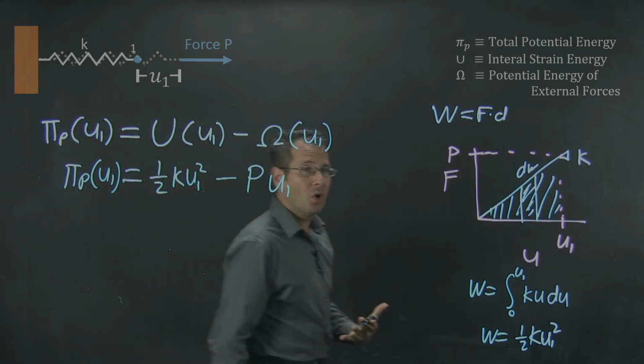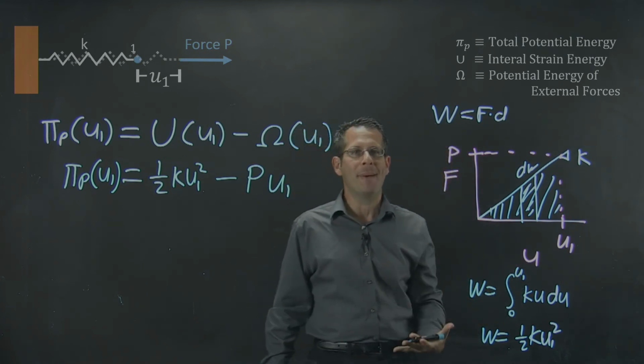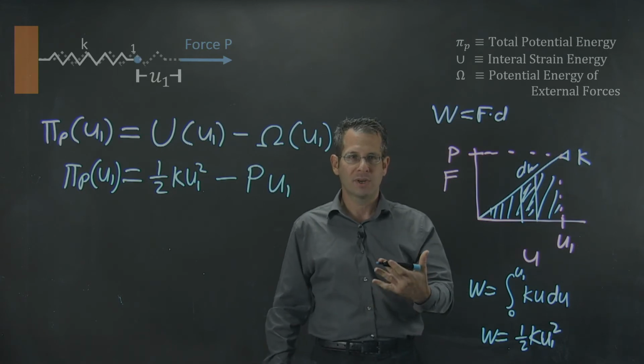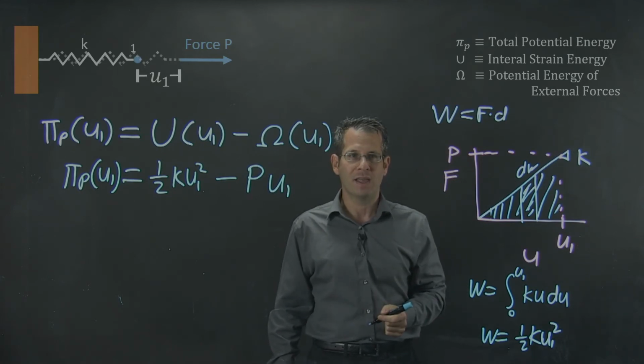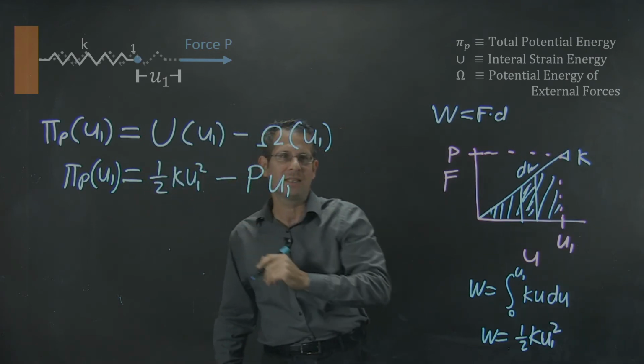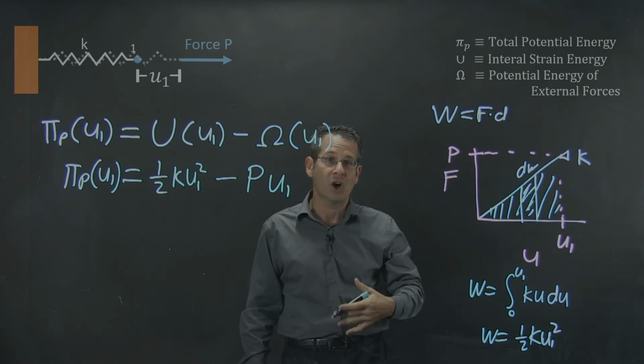All right? And now I have my function of total potential energy as a function of U1. Now, my goal is to find the U1 which causes the minimum amount of potential energy. That's step 2 of using the principle of minimum potential energy method. How do I find the U1 that minimizes this function? Well, we've learned how to do that in a previous class called Calc 1.